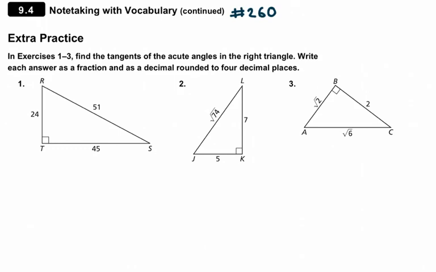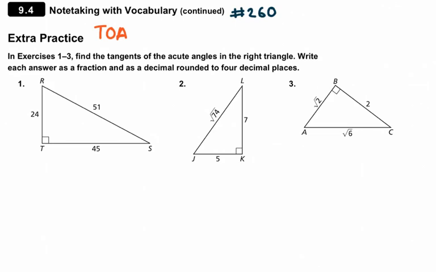So in the last video we learned how to find the tangent ratio, and for the tangent ratio we remembered the expression called TOA. So for tangent we need to remember TOA. TOA was basically an expression to find the tangent.